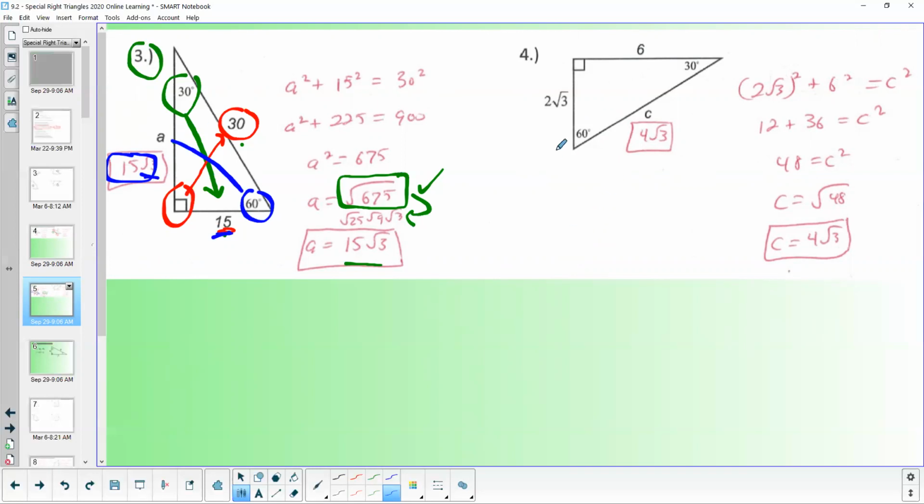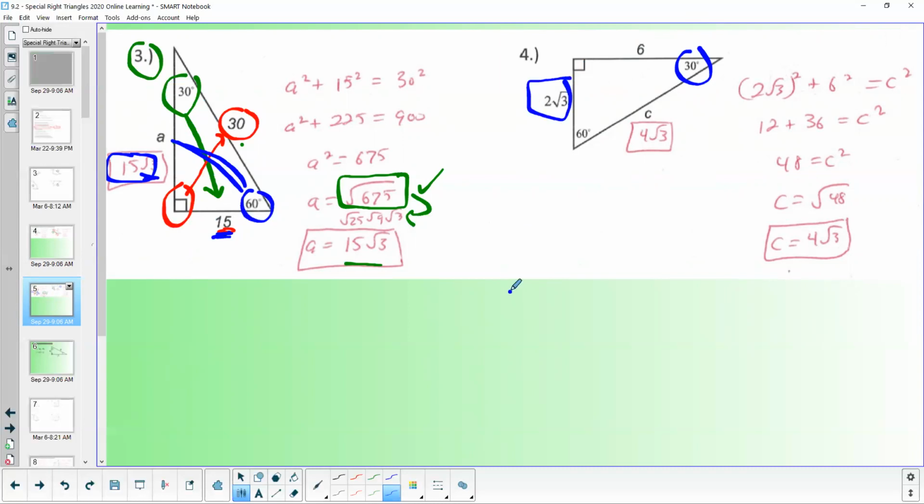And so coming back over to number 4, it seems like whatever pattern we came up with doesn't hold, but it actually does if you look closer at the numbers. The side that's across from the 30-degree angle is 2 root 3. The side that's across from the 60-degree angle is 6, which doesn't seem to match up with our pattern. But over here, we said that the side that's across from the 60-degree angle will always be the same as the side across from the 30, except multiplied by root 3.